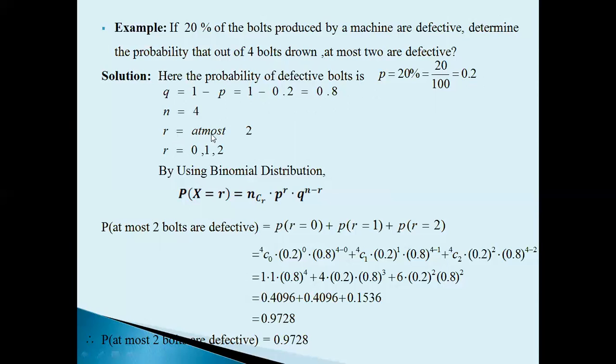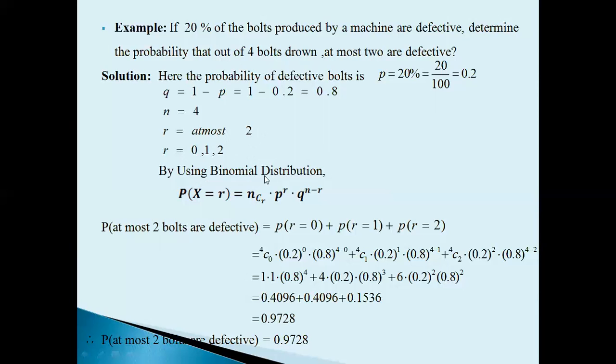r is equal to at most 2. We have to find the probability that at most 2 are defective. The meaning of at most 2 is maximum 2, not more than 2. Maximum 2 means the minimum is 0, 1. The value of r is equal to 0, 1 and 2. There are 3 values of r.